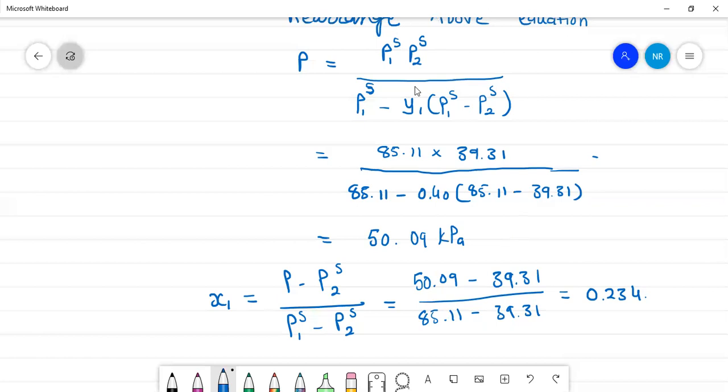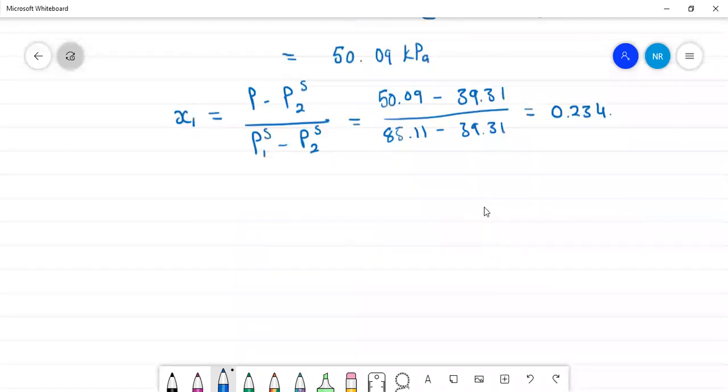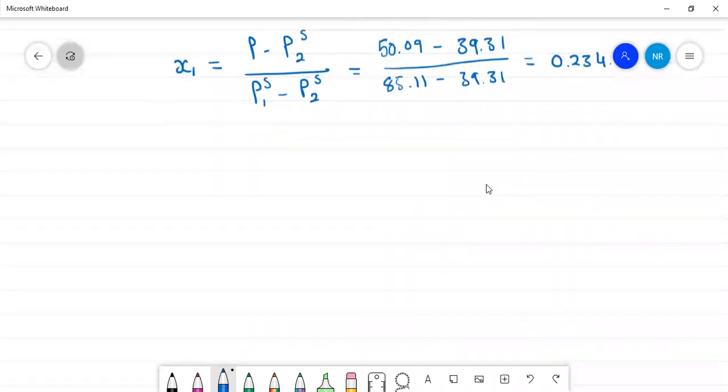Okay, so let's calculate one more example, and then based on it we'll finish the lecture. A somewhat long example: the system of benzene and toluene.